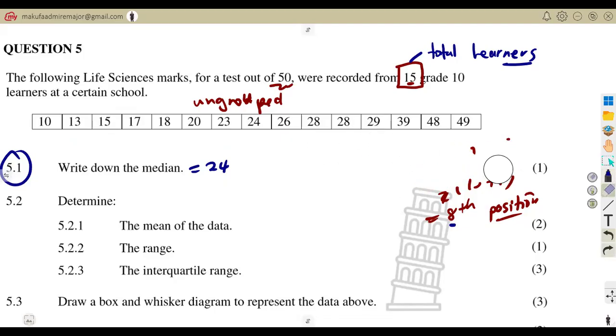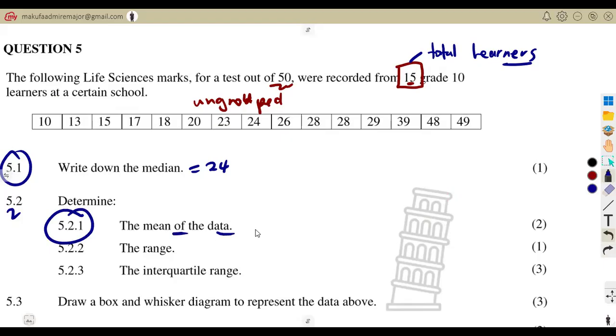So there are so many ways, guys, that you can answer this to have your median. On 5.2, determine 5.2.1, the mean of the data. The mean. As we do understand, the mean for ungrouped information can be calculated using what this time?